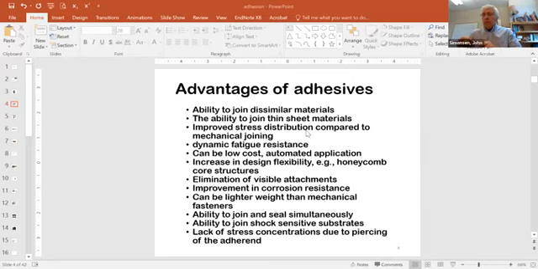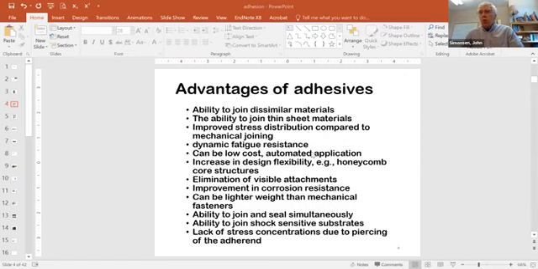But because you have a large surface area, you can often see improved stress distributions, right? Because the bond is over a larger area, the stress is distributed. You can also have dynamic fatigue resistance because the glue oftentimes will bend.